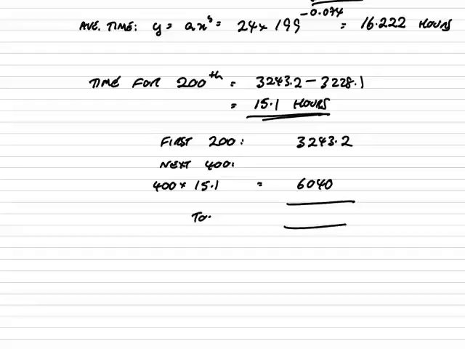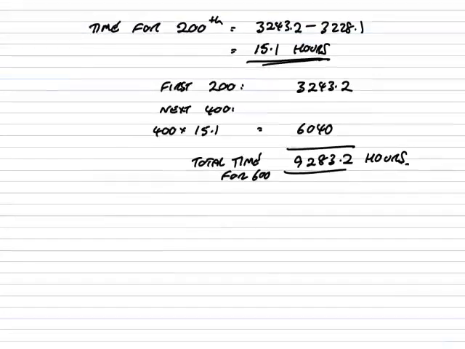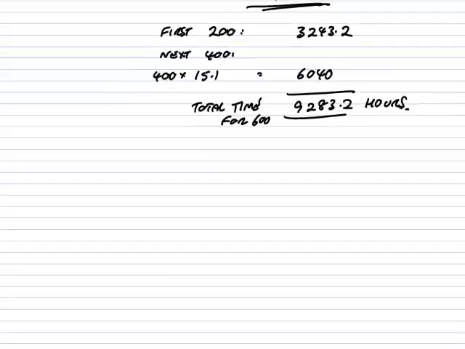So the total time for 600 is 9283.2 hours. Great. Well, that's how long it takes.